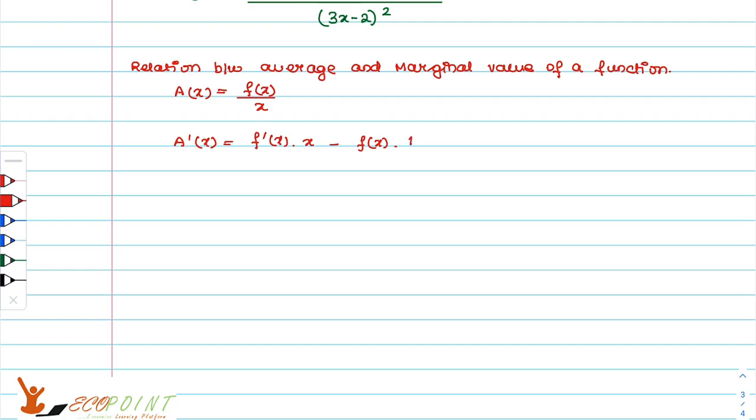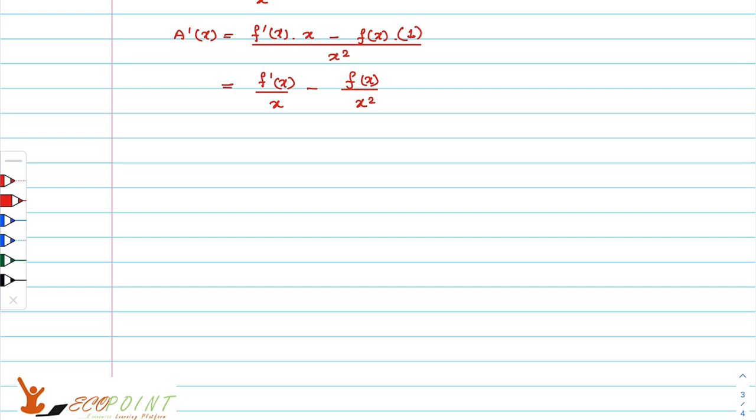So derivative of x with respect to x is 1. Next square like this. So I can write this as f dash x upon x minus fx upon x square. I can write like this. I can take this 1 upon x common.